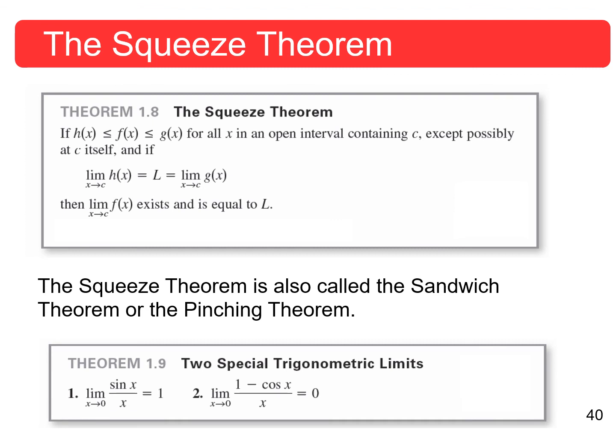Now, there are also two special trigonometric limits that you need to memorize at this point. The limit of sine x over x as x approaches 0 is equal to 1. And the limit of 1 minus cosine x over x as x approaches 0 is equal to 0.